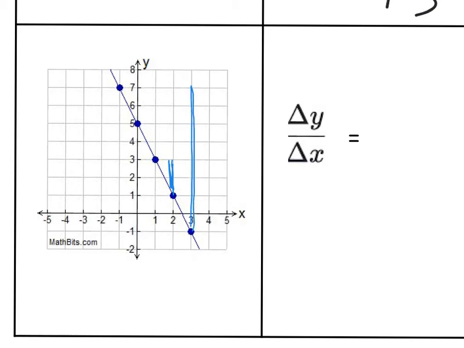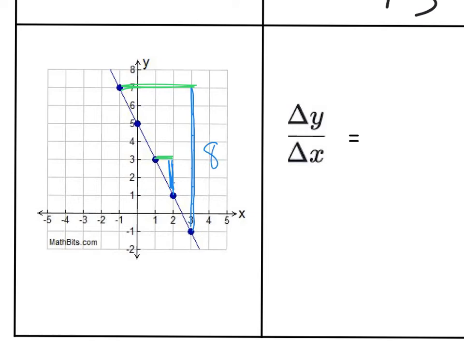Then I need my horizontal change, my change in x, on the horizontal axis. It depends on how small the graph is so that I can count. The vertical change here is 1, 2, 3, 4, 5, 6, 7, 8.